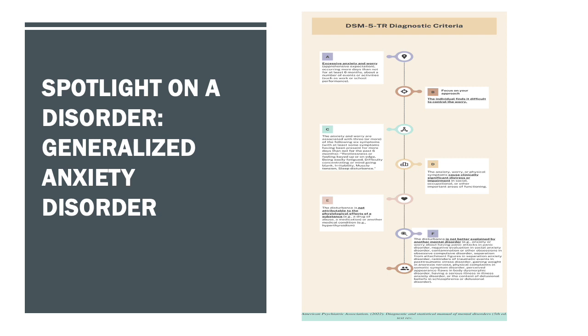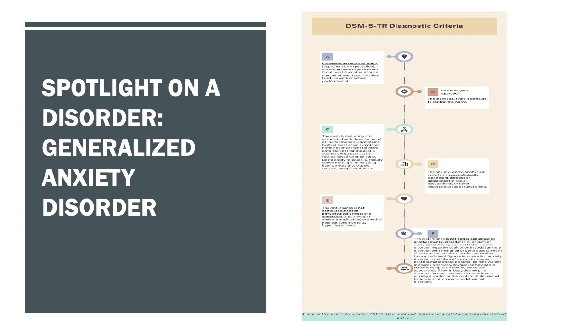So for instance, when a person goes to see a mental health clinician, he or she must align with certain criteria in order to receive a diagnosis. That criteria includes, for example, criterion A, which is excessive anxiety and worry occurring more days than not for at least 6 months, about a number of events or activities.